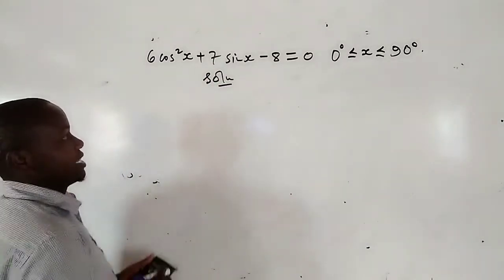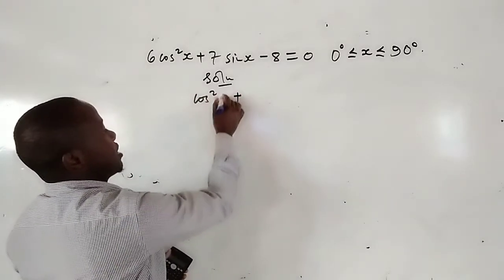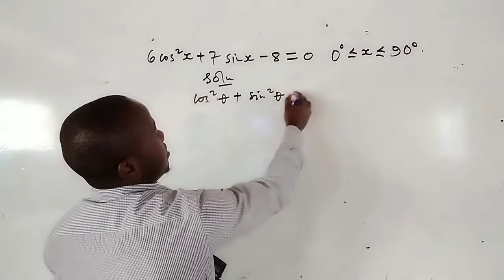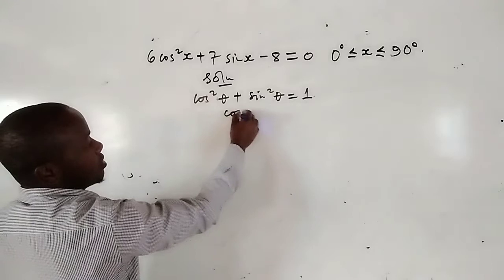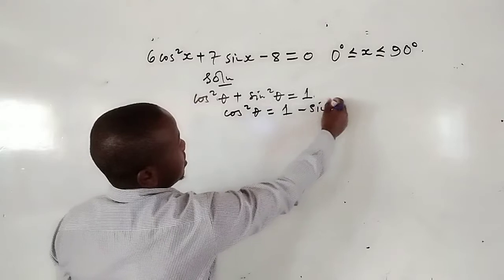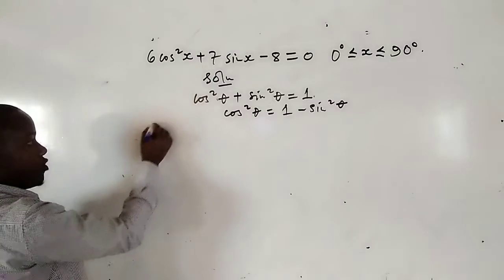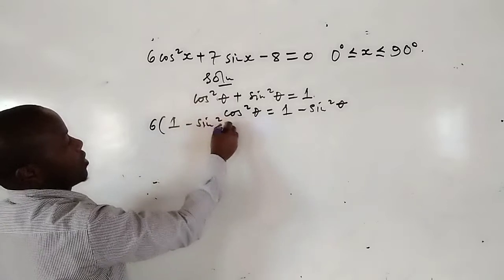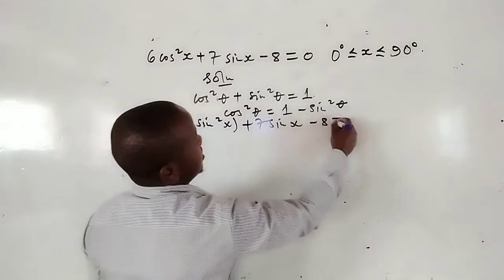Among the trigonometric identities, we know that cosine squared of theta plus sine squared of theta gives us 1. So instead of cosine squared of theta, we can have 1 less the sine squared of theta. Meaning here, you can have 6 times 1 minus sine squared of x, plus 7 sine of x minus 8 is equal to 0.